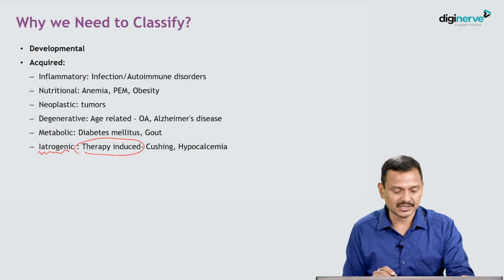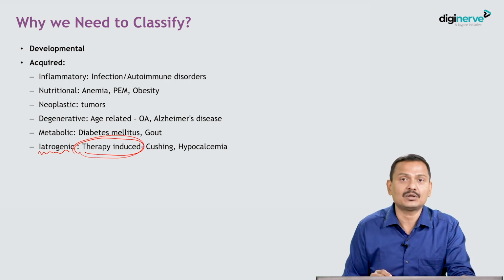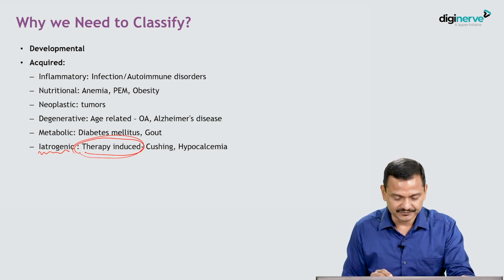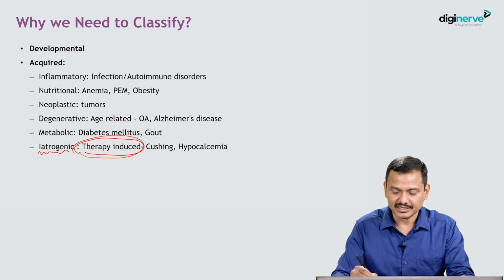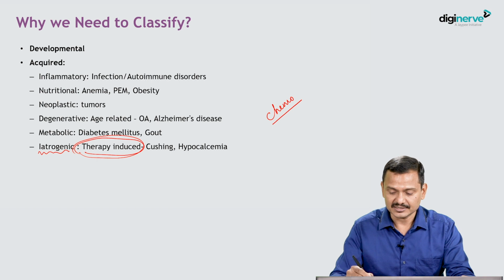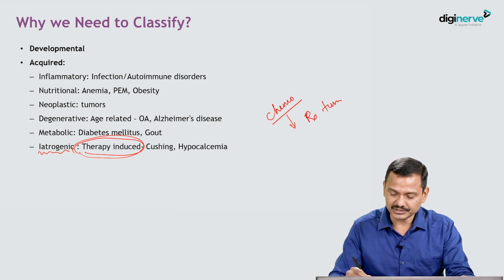Now whenever a person undergoes some kind of treatment, there will always be some side effect. Say, for example, a patient is given chemotherapy for some malignancy. This chemotherapy will take care of the tumor, but it will also cause bone marrow suppression.